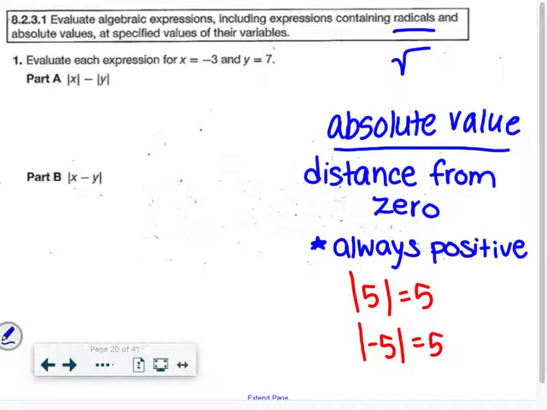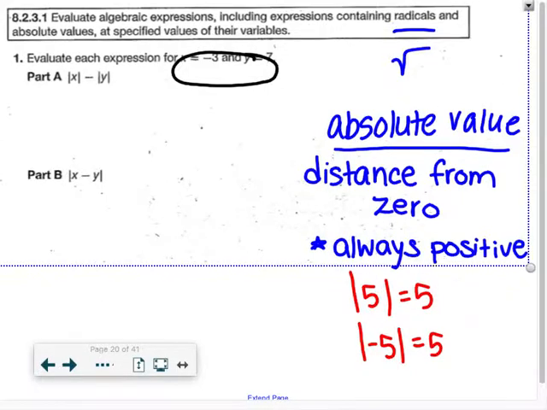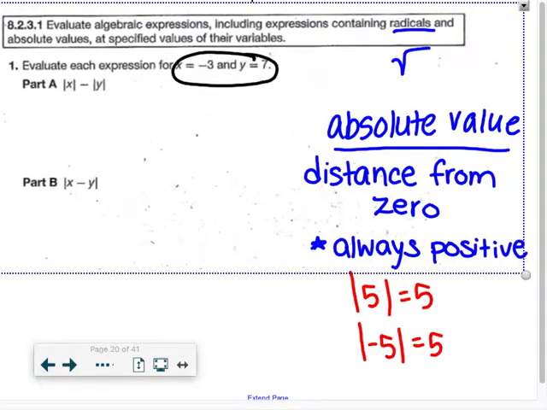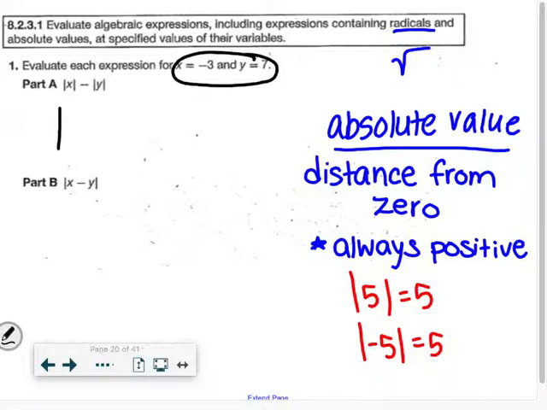So the first problem up here says, evaluate each expression for x equals negative 3 and y equals 7. So for my first one, if x is negative 3 and y is 7, this is what the problem would look like.